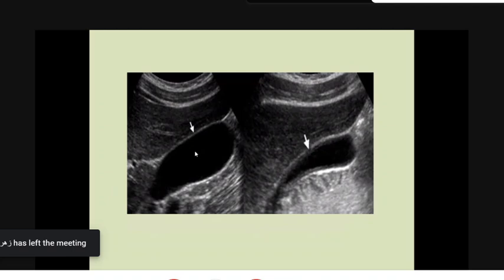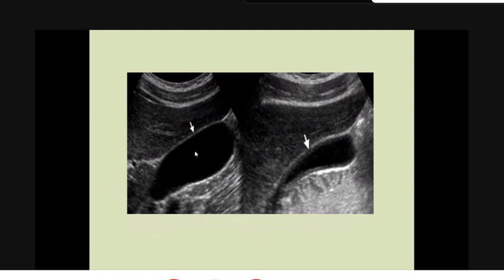Gallstones are readily identified and cast acoustic shadows. A stone obstructing the cystic duct may produce a grossly distended gallbladder, so the diameter is also increased. Echogenic sediment may be seen in the lumen, caused by inspissated bile or pus.